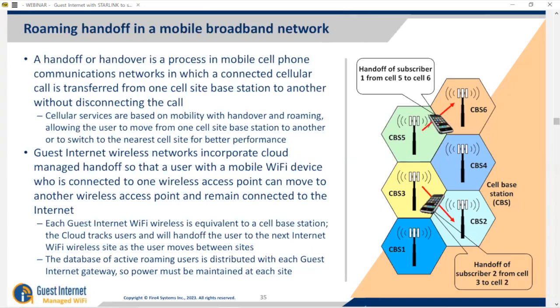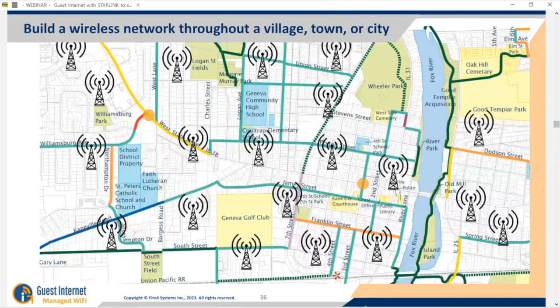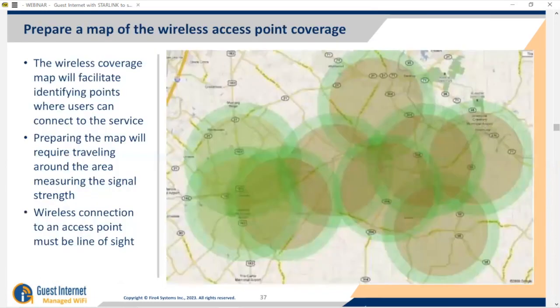The information about the users are stored on each cell, and the cloud coordinates the movements of the user between the cells. And so we can build a network for a town or even a small city with many antennas. And what we need to do is also have a coverage map so that we know which areas have access to which antennas.